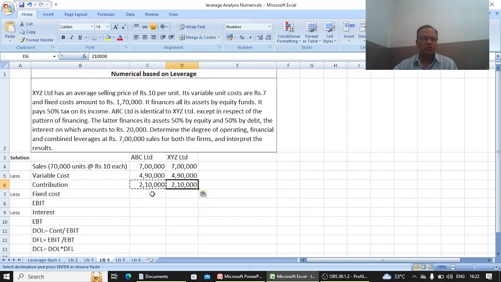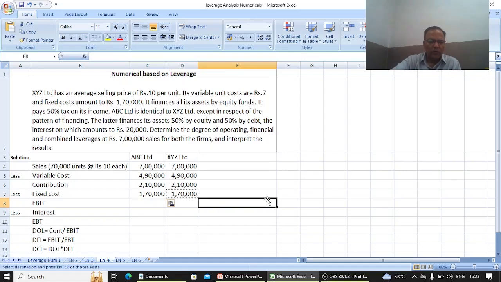Now fixed cost 1 lakh 70,000 for XYZ, and this is the same for ABC Limited.